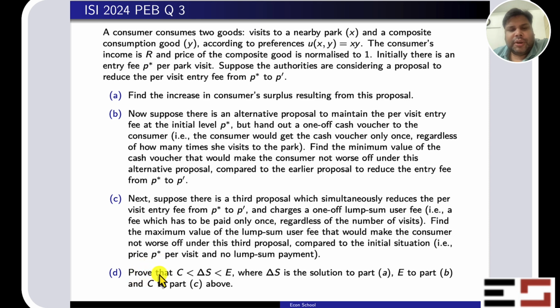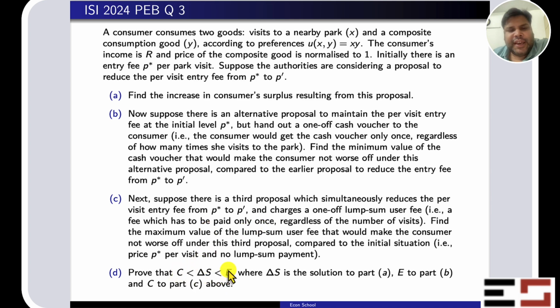The last question is basically to compare these three amounts. Delta S is the change in the consumer surplus, which is part A. C is the solution to part C, which is how much money should be taken away from the consumer so that he is just as well off as he was in the original situation.